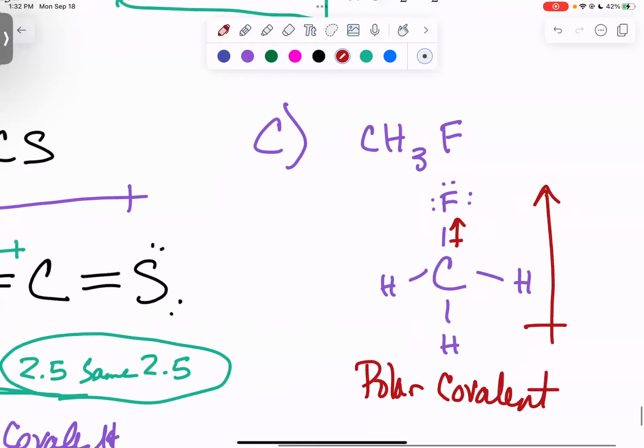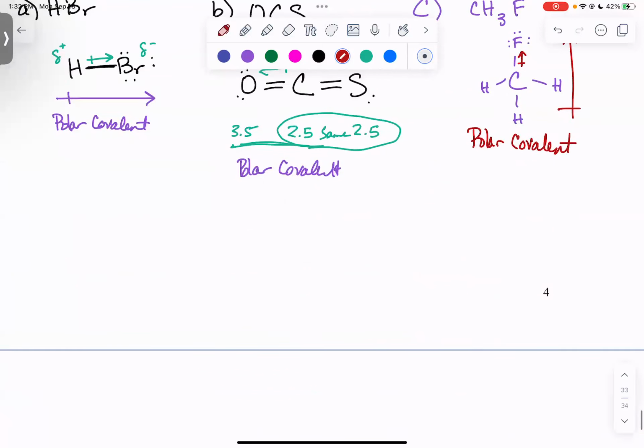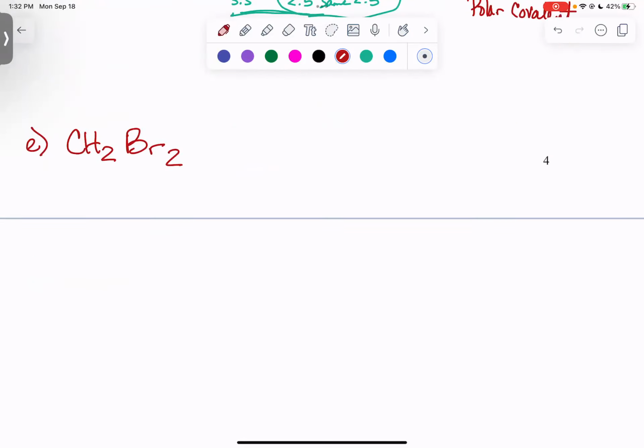So this one is polar covalent. Okay. All right, now this last one is just a tad tricky. CH2Br2. So if I go ahead and draw this, I have a carbon, and I know I'm going to have 4 things attached to my carbon. When you draw it like this, if you have 2 things and 2 things attached to a central carbon, you have to put them as next door neighbors.